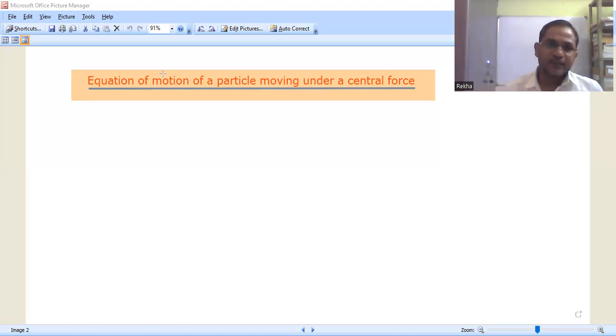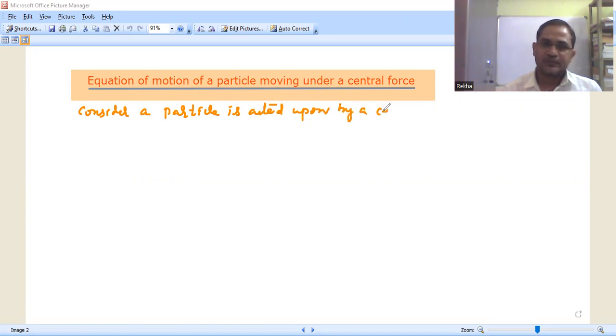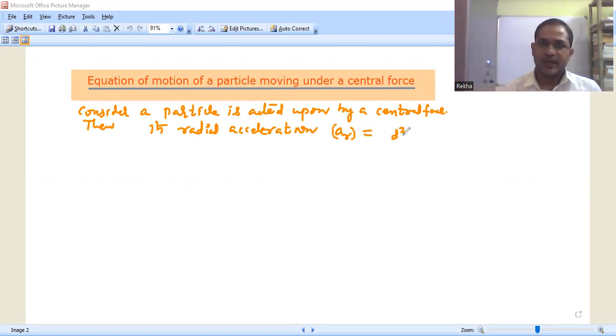Yes, I am writing. Consider a particle is acted upon by a central force, then its radial acceleration a_r is equal to d square r by dt square minus r (d theta by dt) whole square.